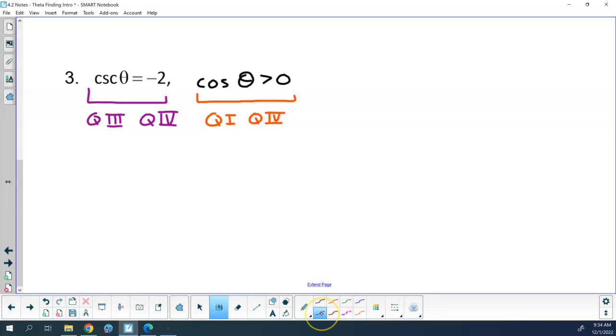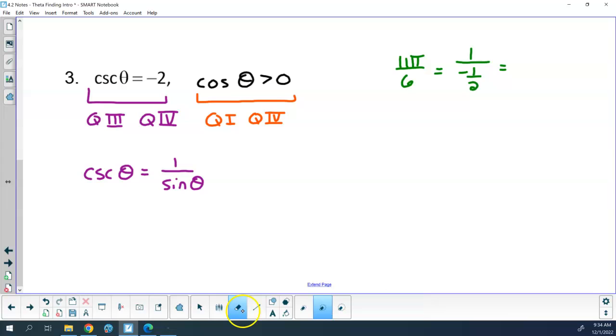Cosecant, we said again, was 1 over the sine of theta. So I need to know where sine of theta is negative 1/2, which happens to be at 11 pi over 6. 1 over negative 1/2 is going to be negative 2.